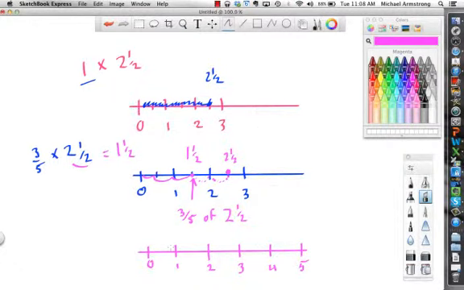All right, we should have done that up here too. Now this time we're doing 1 2/5, whoops, not 1/2, 1 2/5 times 2 1/2. So we're still doing 2 1/2. And if we just go out here to 2 1/2, that's right here. This is 2 1/2. But we're going to do it more than once. We're going to do it 1 2/5 times.